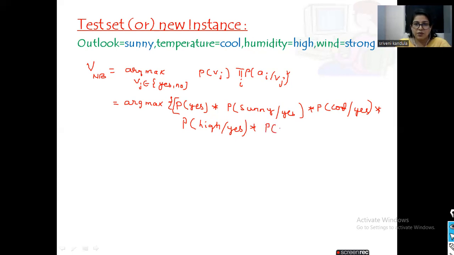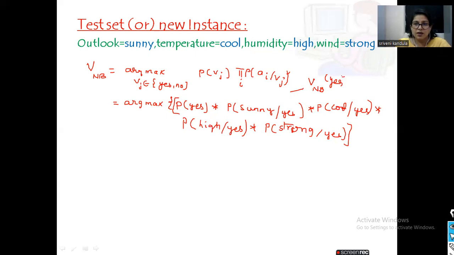Similarly, probability of strong given yes.